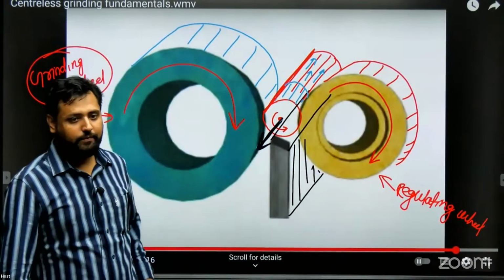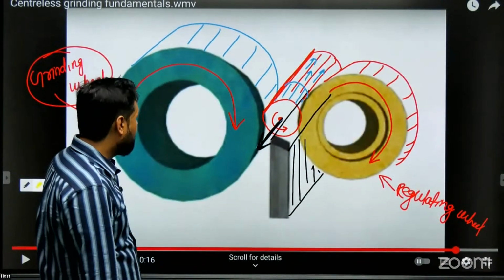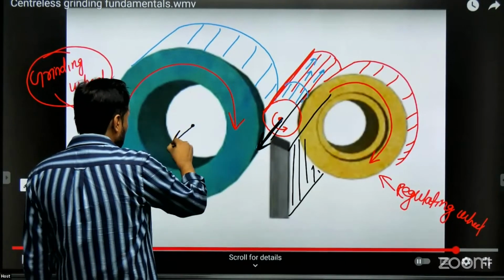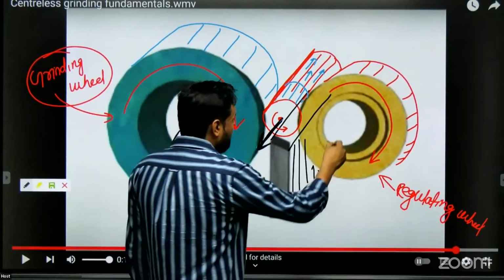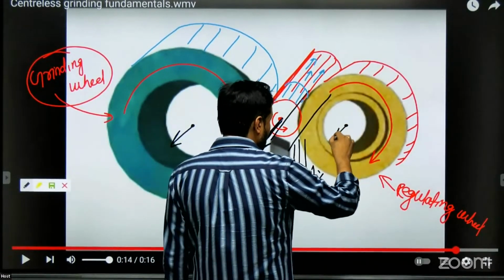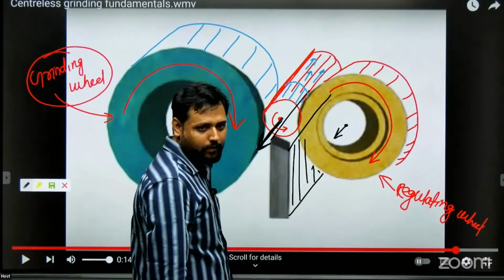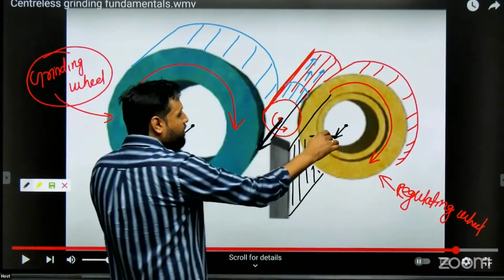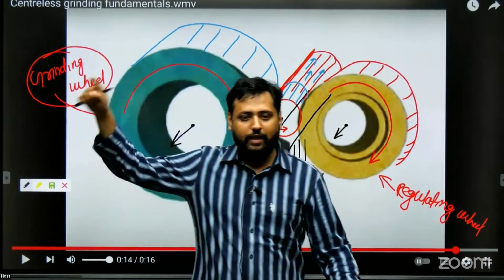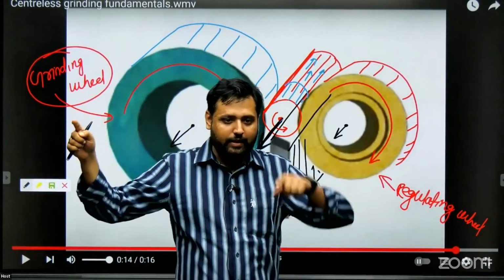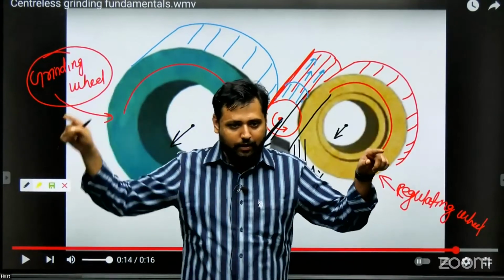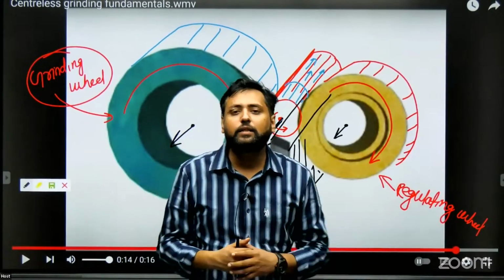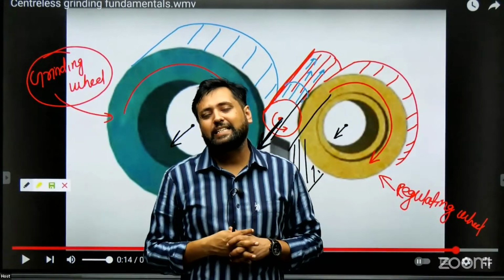वो कैसे होता है सर? वो ऐसे होता है basically, like this is the axis of this grinding wheel, and this over here is the axis of the regulating wheel, right? The thing is, their axes will not be parallel. And one more thing I'll tell you. The regulating wheel is rubber bonded or plastic bonded. Why?